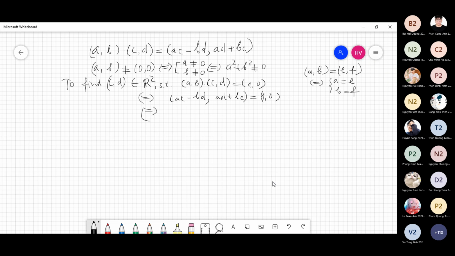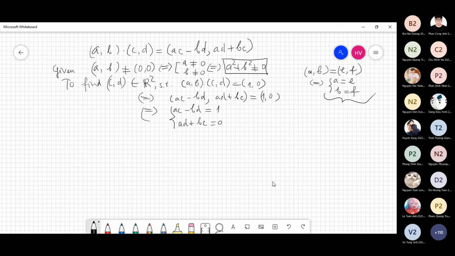And again, I already remind you what the equality in Cartesian product is. This means that AC minus BD equal 1, at the same time AD plus BC equal 0. So now (A, B) are given, which is not (0, 0). This means it satisfies this condition, and we have to find (C, D).